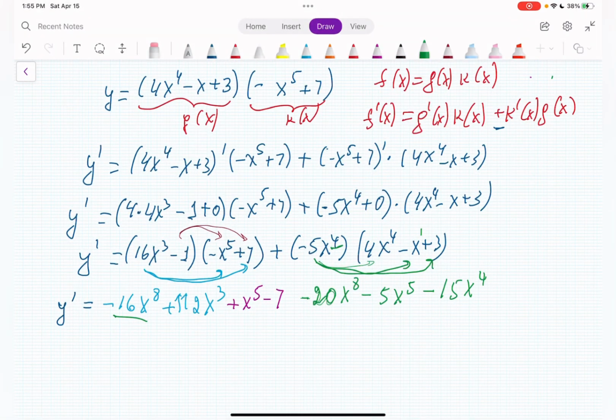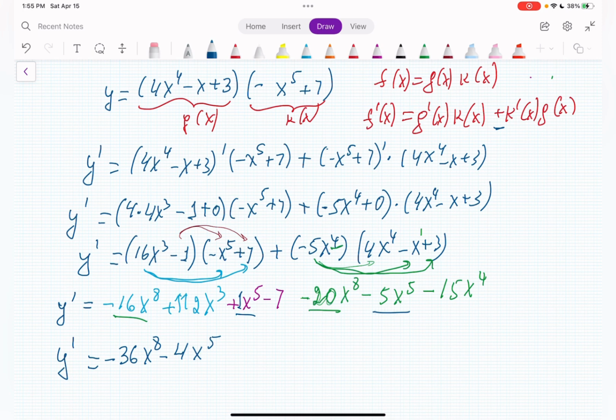8 and 8. So that's going to be negative 16x to the 8 minus 20x to the 8, which is negative 36x to the 8. We have here plus x to the 5 minus 5x to the 5, which is negative 4x to the 5. Well, there is no degree 5 anymore.